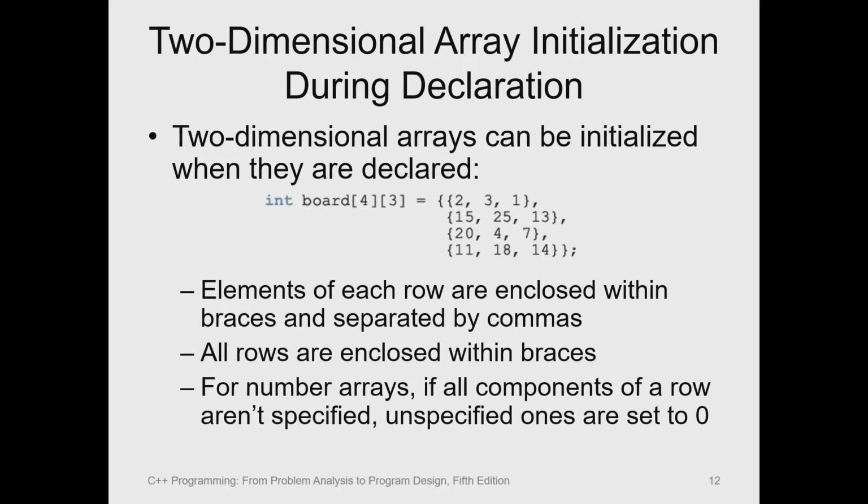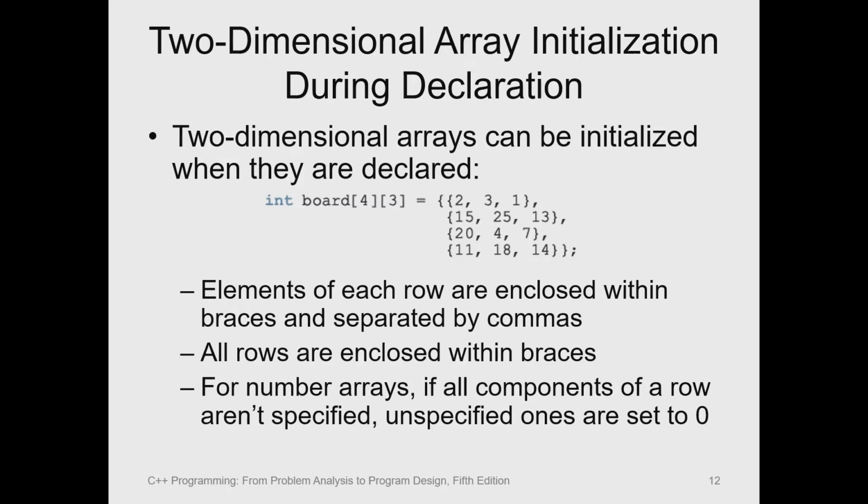Take note of that. And all rows are enclosed within braces. For number arrays, if all components of a row are not specified, the unspecified ones are set to 0. That means if we do not initialize the entire size of the elements within an array declaration, the rest of the elements will also be initialized to 0.